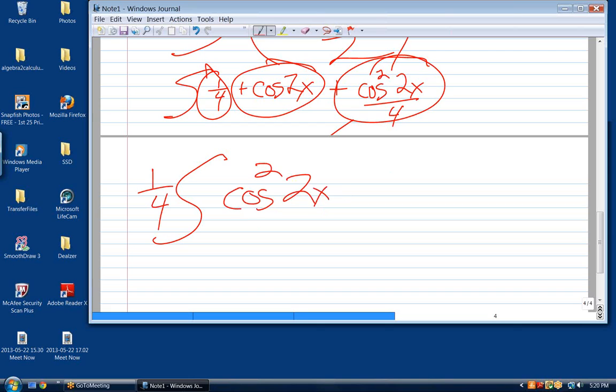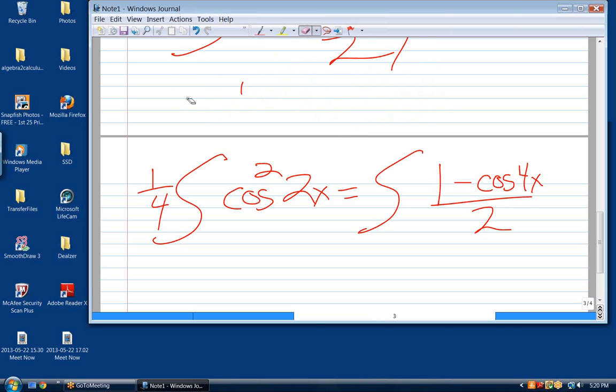Okay, so the reduction formula for cosine squared of 2x is 1 minus cosine of 2x, which in this case is 4x, because it's 2 times 2x, all over 2. That's the reduction formula? Yeah, here let's look at the reduction formulas.